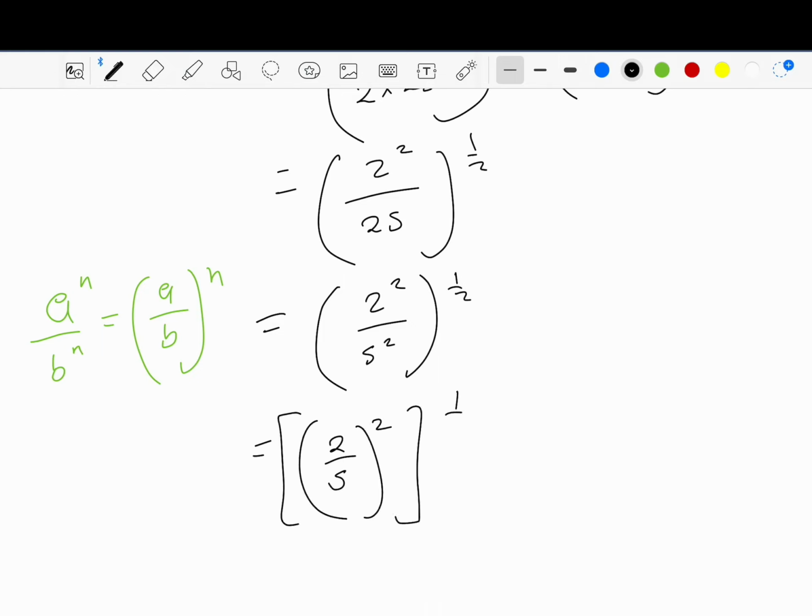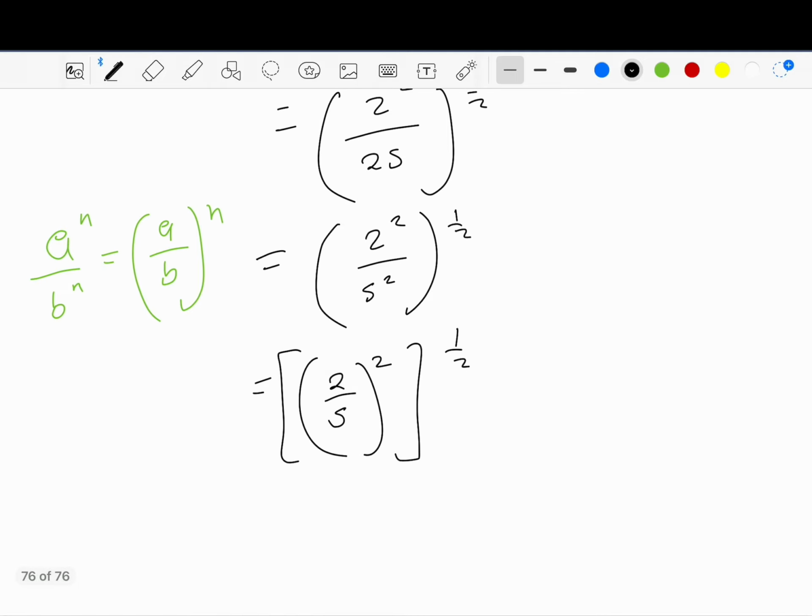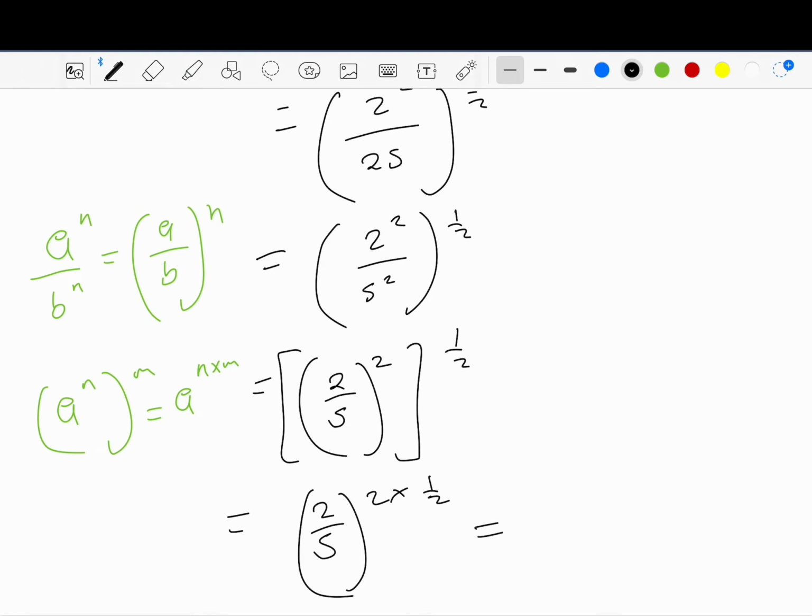Of course, you've got that 1 over 2 over there. And then we know there's a rule that says if you have a power n times m, this can be written as a power n times m. So this can be written as 2 over 5, 2 times 1 over 2. And 2 times 1 over 2 is just 1. So this is 2 over 5 power 1, which is 2 over 5.